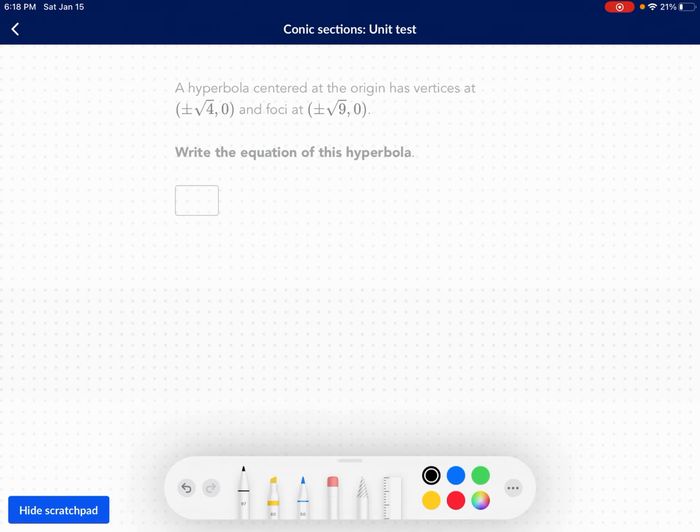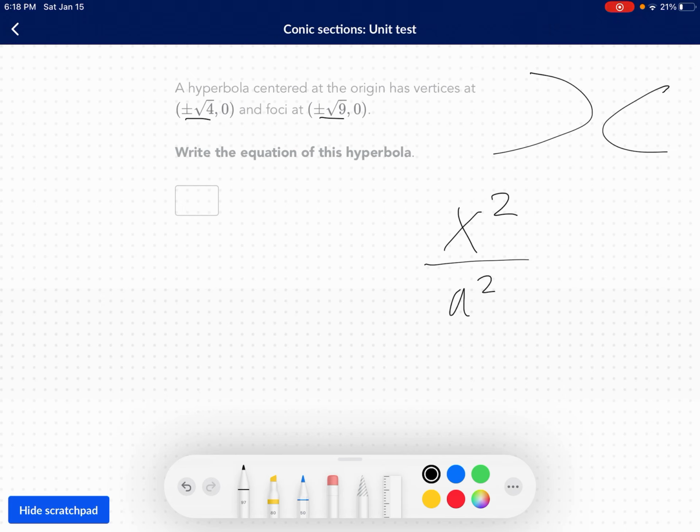Write the equation. A hyperbola equation is, okay, so this is the x axis. It has vertices at that. So I know it looks like this. It's supposed to be x squared over a squared minus y squared over b squared equals 1.